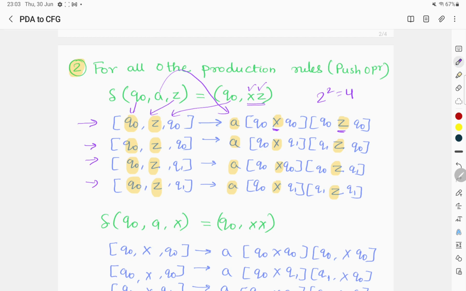Now what is happening in the variable part? I have to check the combinations of Q0, Q1. So I will write the first 2 for Q0, the second 2 for Q1. So the first 2 are for Q0, right? This and this both are for Q0. So one of them I'll try for Q0, one of them I'll try for Q1.